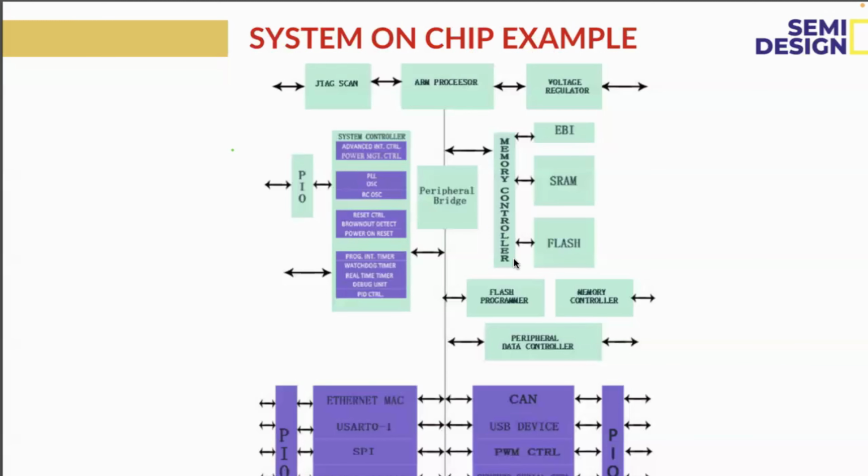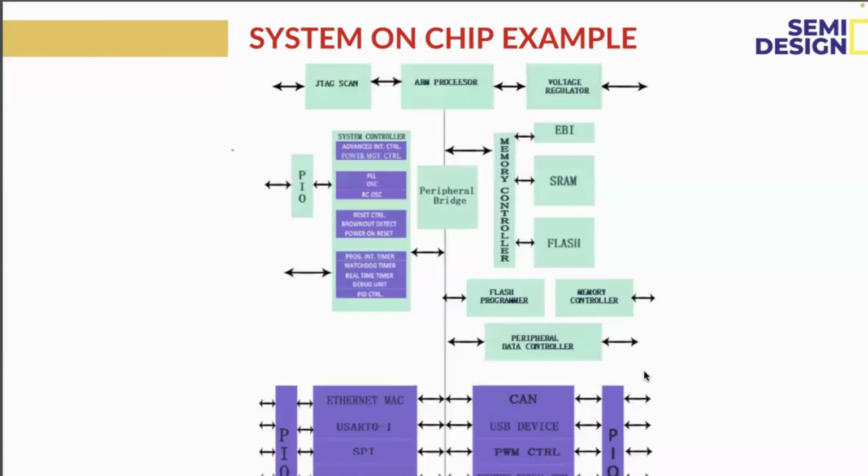One has a RISC processor, the direct memory access controller, AXI peripheral and AXI interconnect, flash memory, flash programmable memory controller and peripheral data controller. Ethernet, USART, SPI are related to protocol interconnections, along with CAN, USB device, PWM controller, timers and counters.